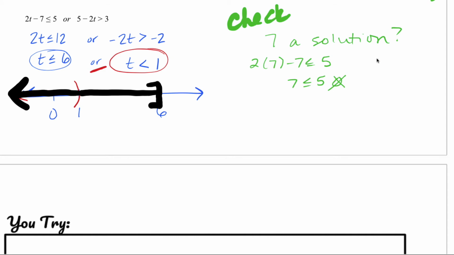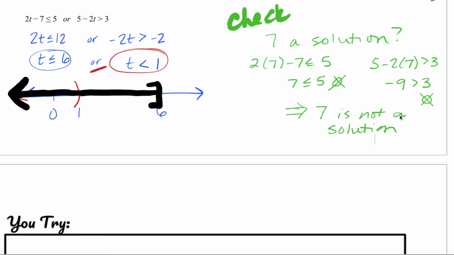So we want to check 5 minus 2 times 7. Is that greater than 3? So 5 minus 14 would be negative 9. Is that greater than 3? Nope. So 7 is not a solution. And that means it shouldn't be shaded, and it's not.